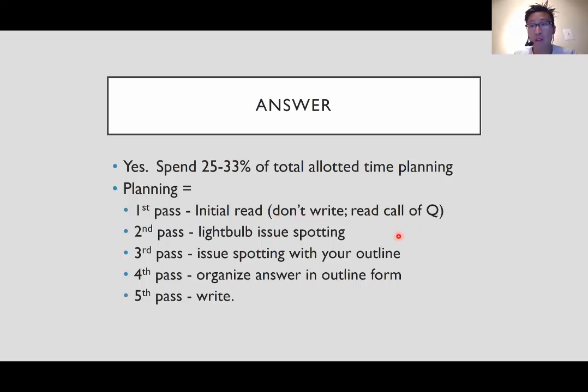And you want to get to the call of the question, because how you write can very much depend on what it is that you're asked to do. Now, most of the hypos that I give you are of the most general type, with the assess or analyze. But sometimes you're asked very specific questions and asked to take a very specific point of view, like write a bench memo to a judge.